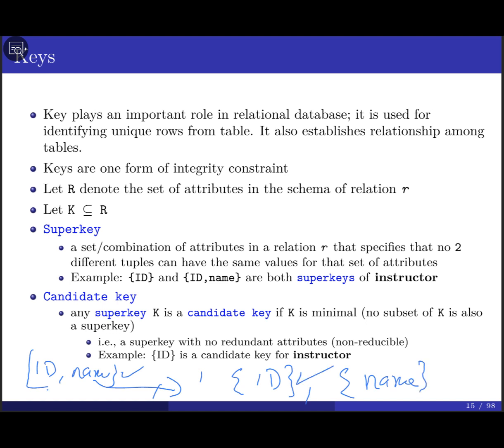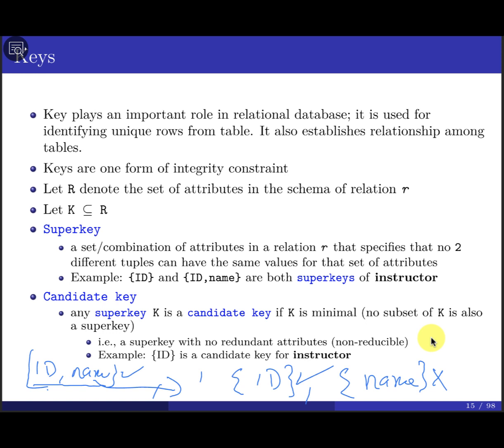The set of attributes ID and name together forms what's called a super key, but they are not a candidate key because I can break it down to a subset of attributes, at least one of which satisfies the condition to form a super key.